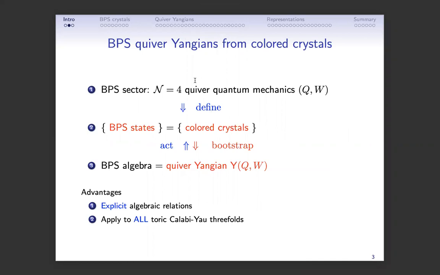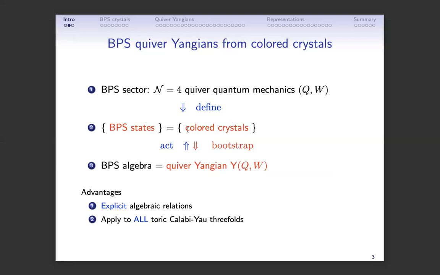The main result is that this BPS sector can be described by an N=4 quiver quantum mechanics. From there, you can see that the BPS states are given by certain colored crystals, and the BPS algebra should act on this set of BPS states.